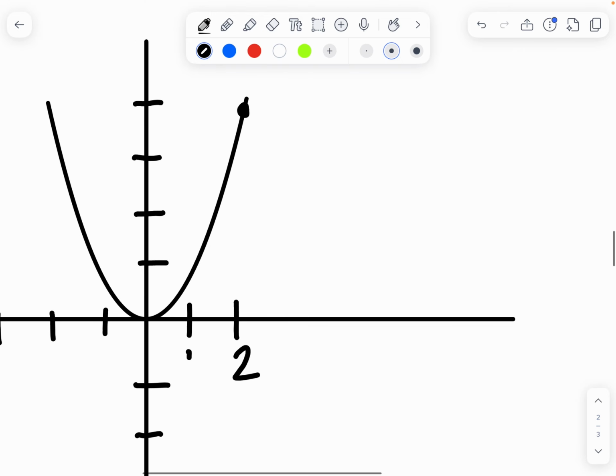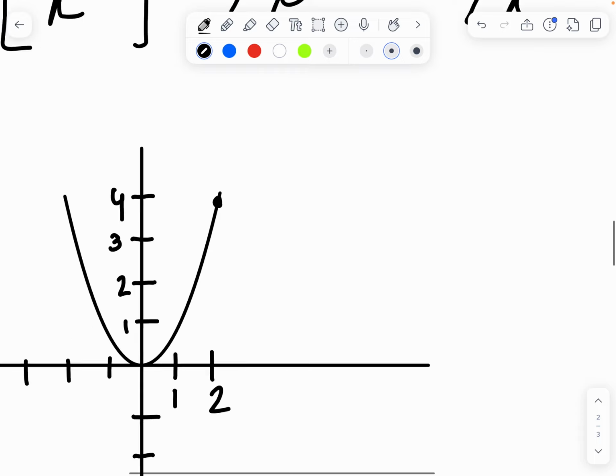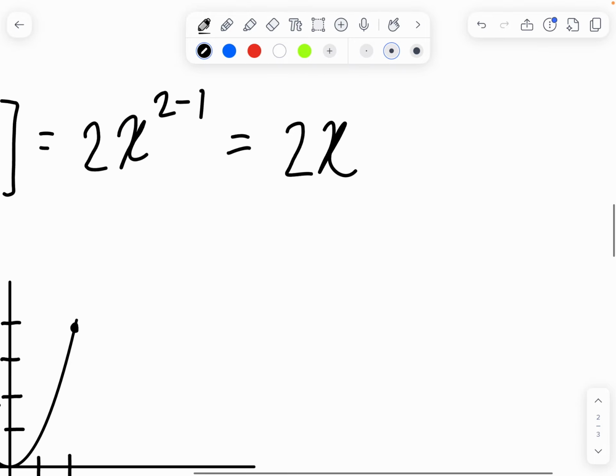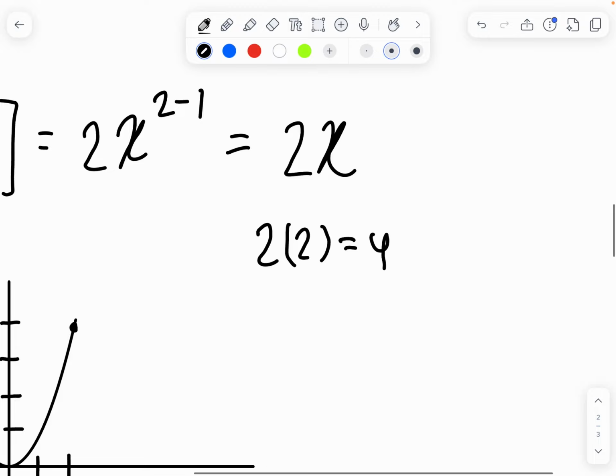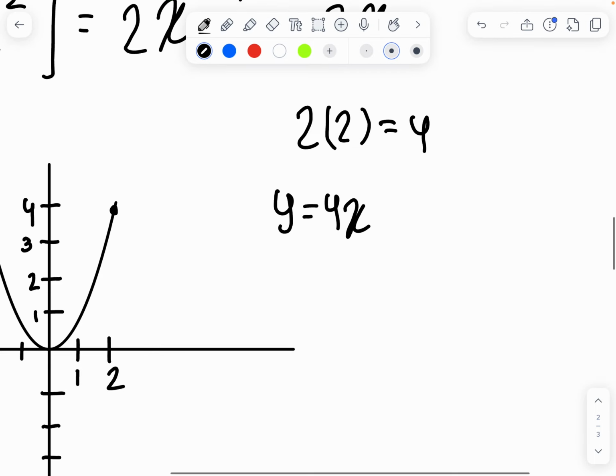So 1, 1, 2, 3, 4. Now, what you have to do is plug in 2 to the equation. So 2 times 2 is equal to 4. So what that means is 4 is the slope at that point. y equals 4x.